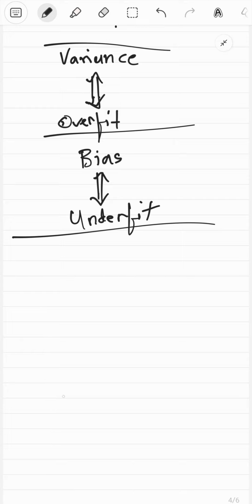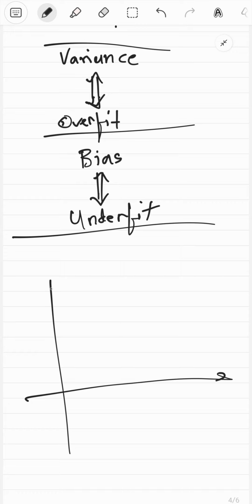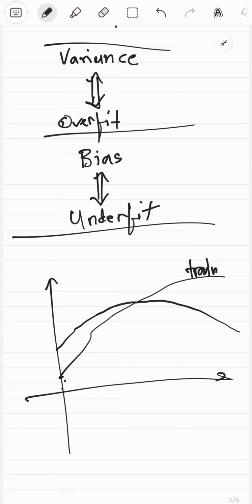So maybe you are training a neural network, and then you want to figure out how the accuracy on the test data set is changing. So you're obviously training on a training data set, and it's going to go with higher and higher accuracy. So this is the training data set, but on the test data set maybe your accuracy isn't doing so good, so it's like, oh sorry, yeah, this is a bad graph. So on the test data set maybe it's something like that, right? So this is the number of epochs that you have.